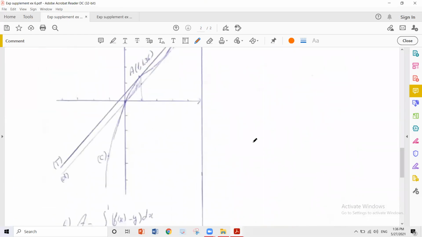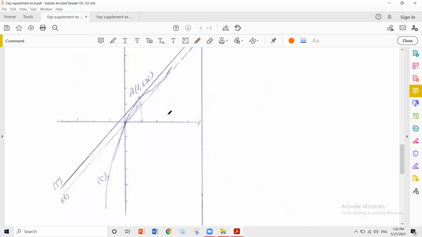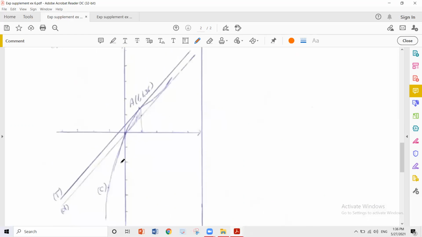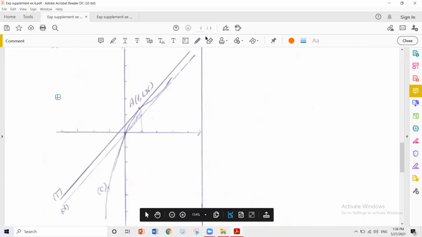Now to draw the line D and the tangent. Line D of equation y = x passes through the point (0, 0) and the point (1, 1).